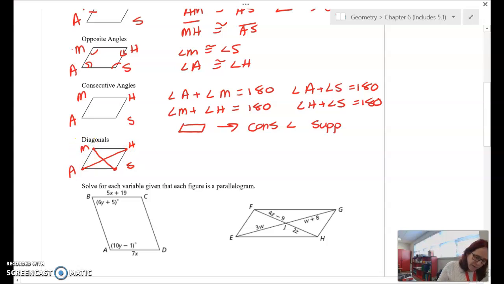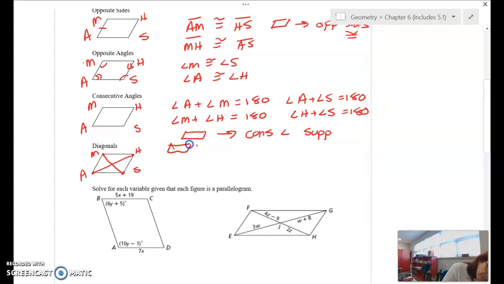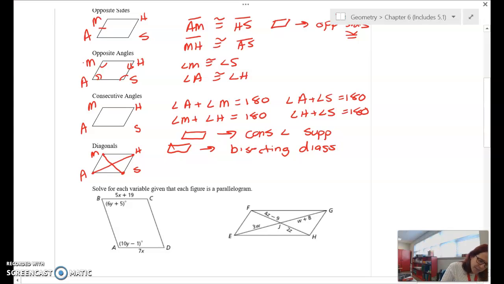So then what I have here is the diagonals. And what these diagonals do is they bisect each other. So parallelogram implies bisecting diagonals. What this means is if I put a point here in the middle, I'm going to call that point P, I can then say AP and PH are congruent.